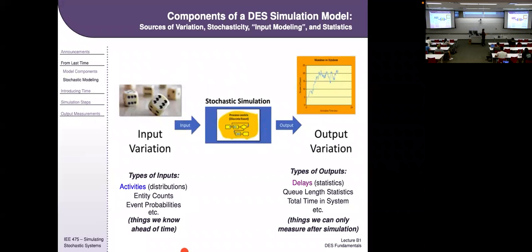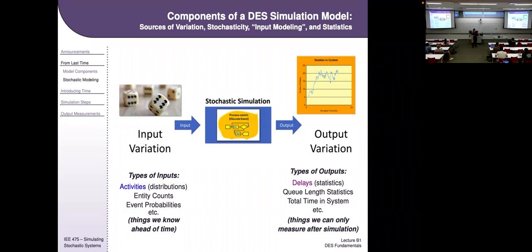Just to summarize all of that with a picture here, the only way we get output variation that's realistic in the real world or in a simulation is if we have proper input variation. And the choices of inputs, that's what we refer to as input modeling. So you can say, how the heck, when I hit run on my simulation, do I get a different output every time?